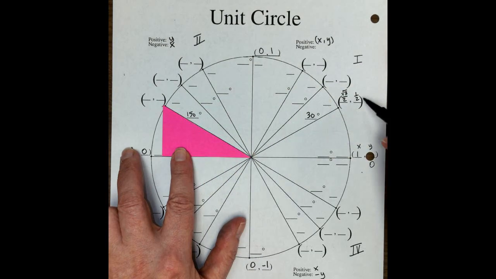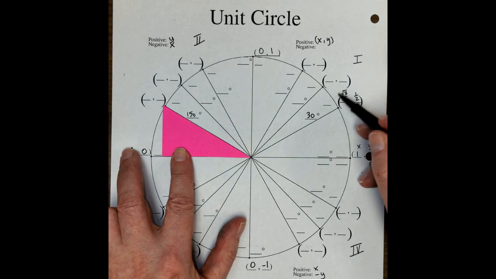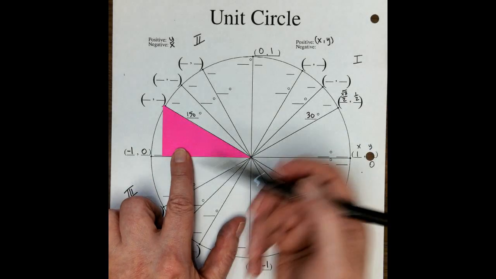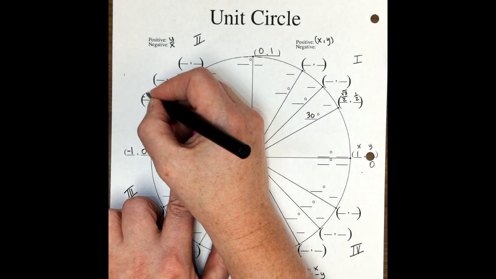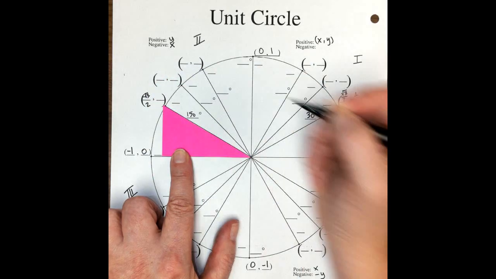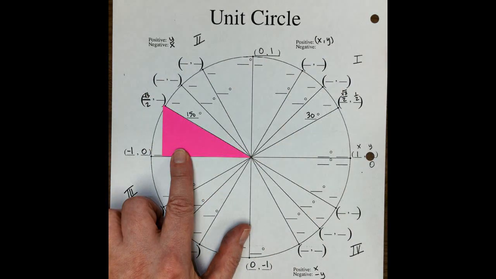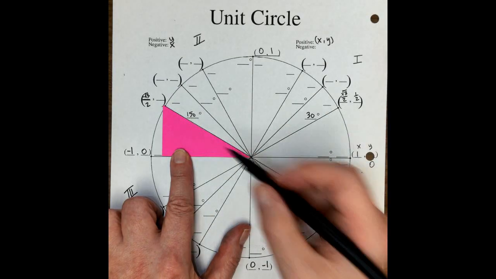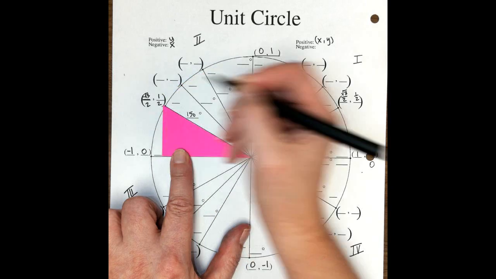Now remember, my x coordinate was positive square root of 3 over 2. Well, now I'm negative. So this guy is going to be negative square root of 3 over 2. And then my y coordinate is still positive. So this guy is 1/2.